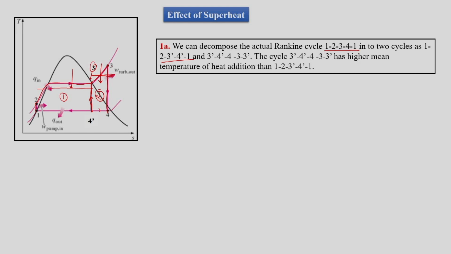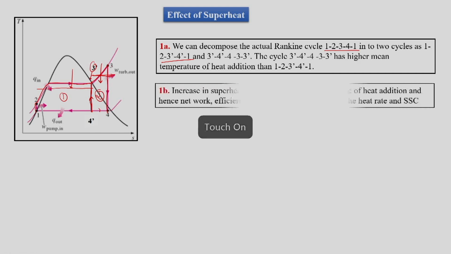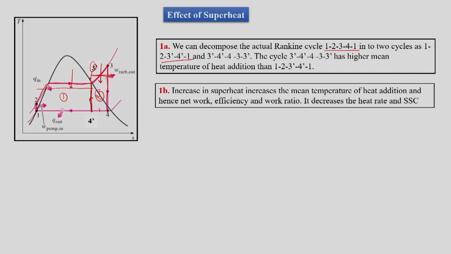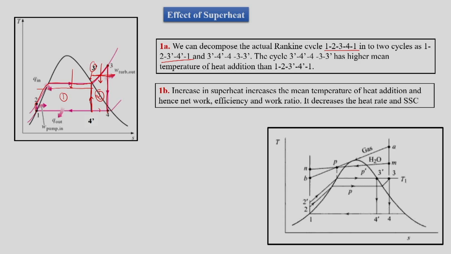Now these 2 cycles are clubbed, mixed together to form our basic Rankine cycle, and since cycle 2 has a higher mean temperature of heat addition, we practically get more mean temperature of heat addition in the presence of superheat. So superheat increases the mean temperature of heat addition, and hence it increases the net work, increases the efficiency, and increases the work ratio.